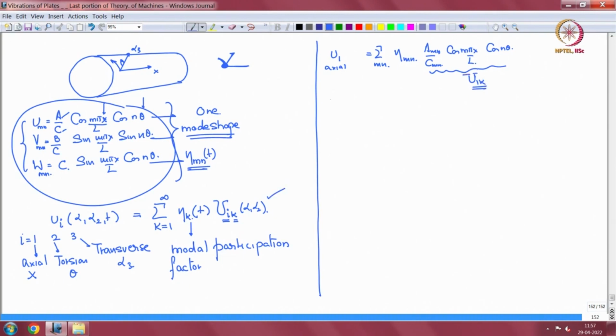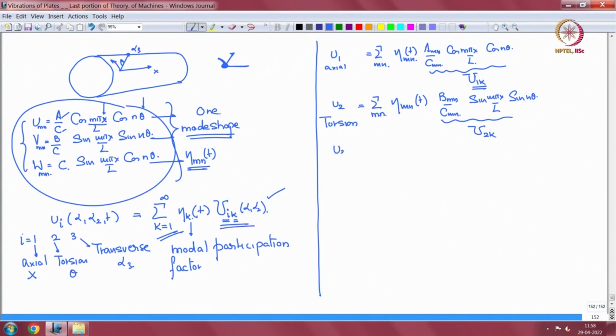Then u2, which is theta, torsion, is again sigma mn, which takes the place of k here, same participation factor, this is a function of time, B_mn by C_mn sin(m pi x by L) sin(n theta). And what is this? This is u_2k based on this notation.